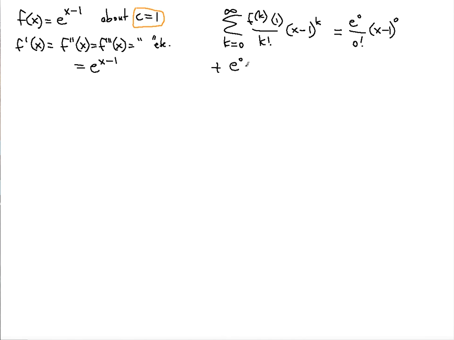So we always write e to the 0 first, and then 1 factorial because k keeps increasing, and x minus 1, the power is the same as the factorial, to the 1. Plus e to the 0 again, that's unchanged, 2 factorial times x minus 1 squared, etc.